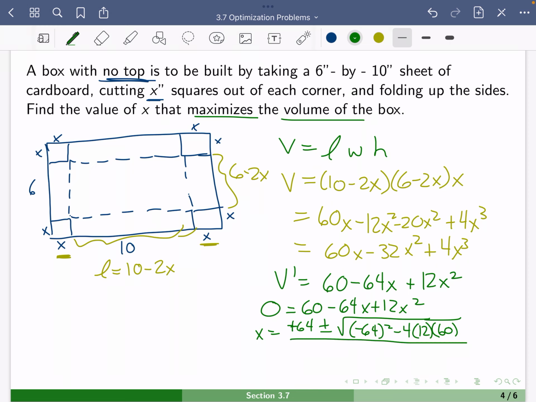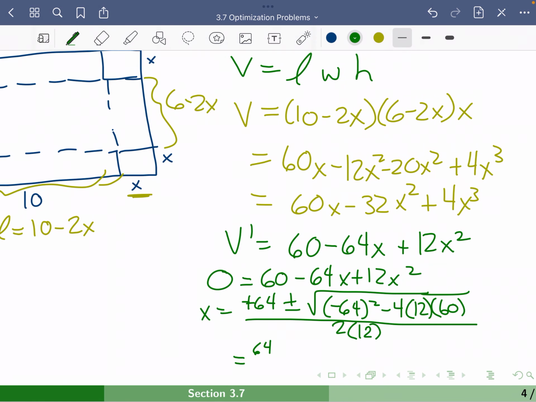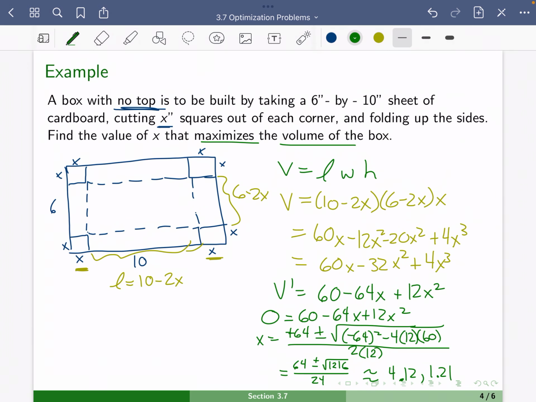All over 2a. If we do that, we get 64 plus and minus the square root of 1216 over 24. If I round these two solutions, we get 4.12 and 1.21. So we get two different solutions here.